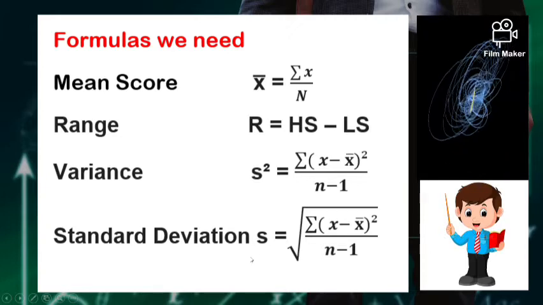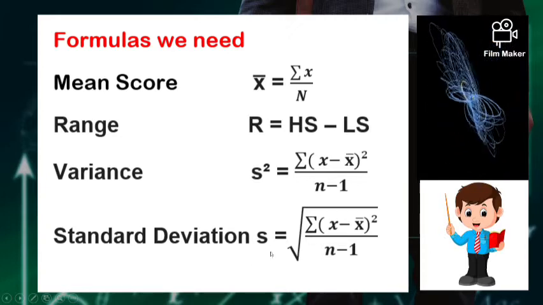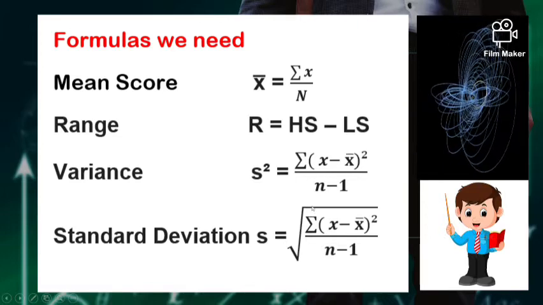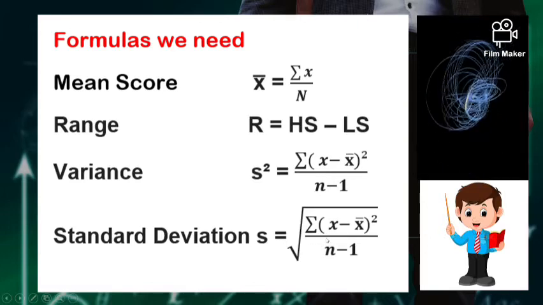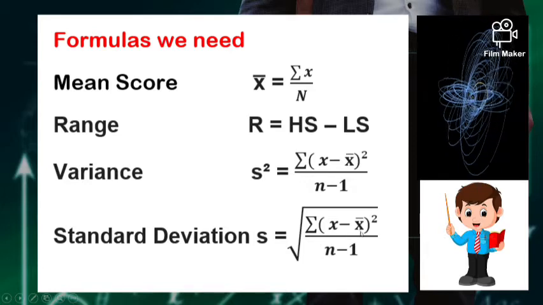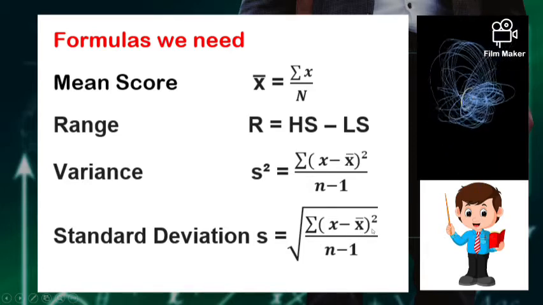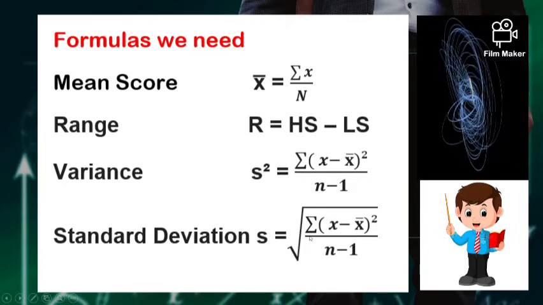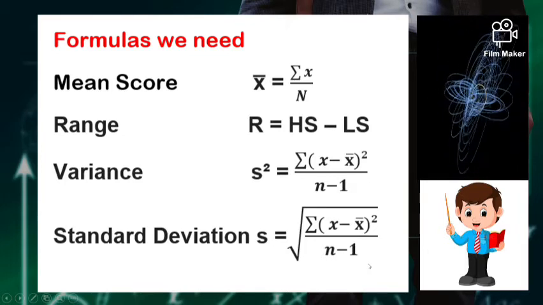For the standard deviation, you can use this formula: S is equal to the square root of the sum of the quantity x minus the mean score, squared, all over n minus 1.